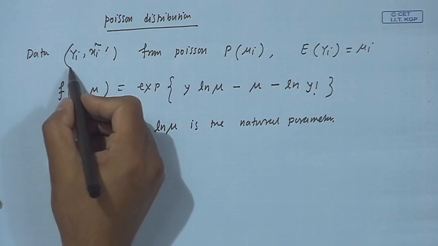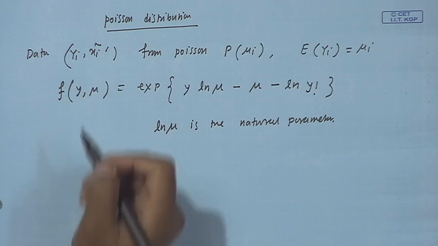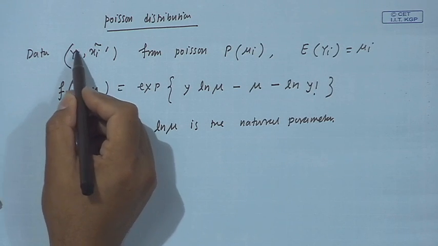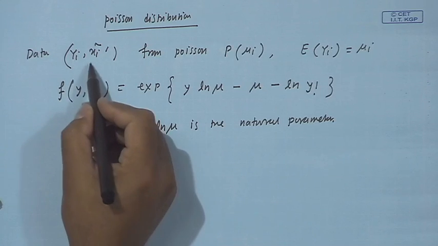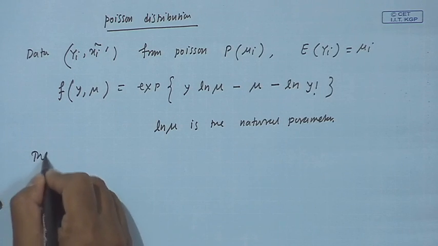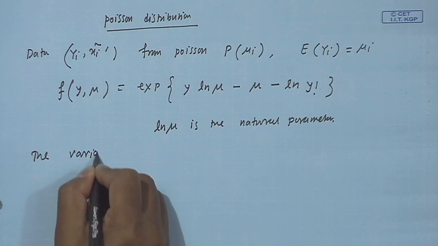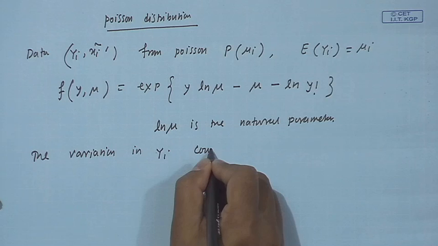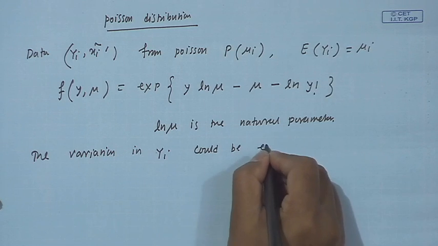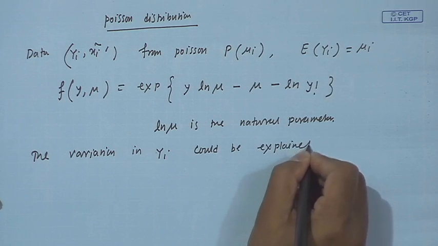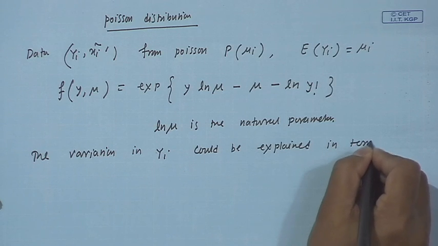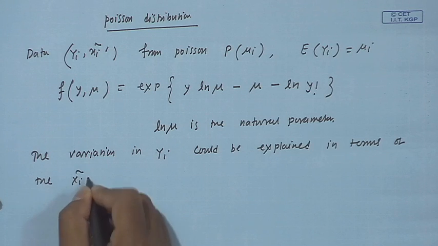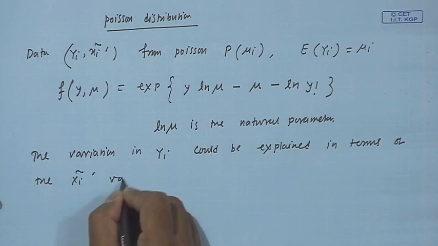So, again, suppose we are given y_i and x_i, and we want to explain the variability in the response variable y_i in terms of x_i. So, the variation in y_i could be explained in terms of the x_i's values.